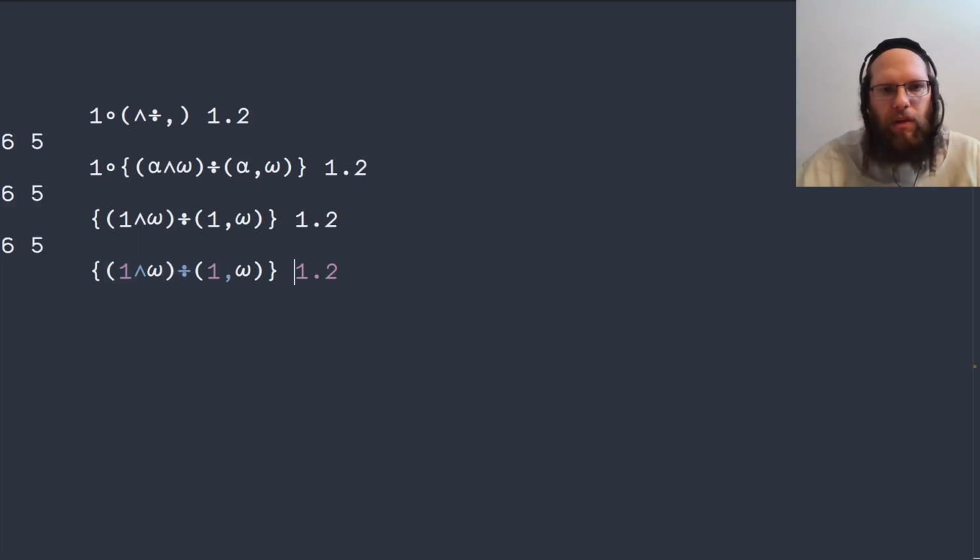So let's try 1.2 times 1, 1.2 times 2, 2.4, 3.6, 4.8, and finally 5. Well, that becomes 6. So if we multiply it with 5, then we get 6. So the lowest common multiple of 1 and 1.2 is 6.